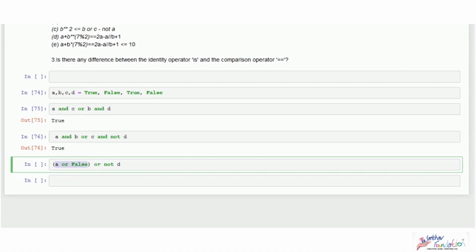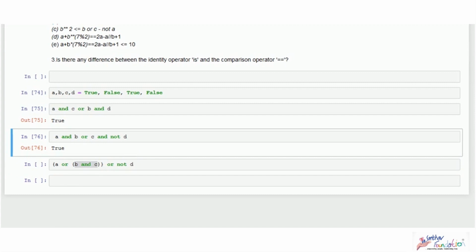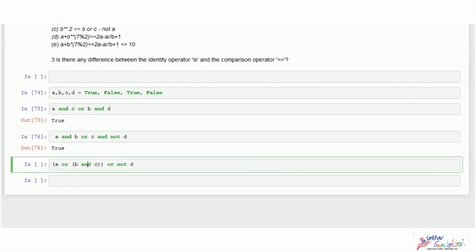and when we have multiple brackets, the innermost gets executed first, and after that it goes from inside out. So first the innermost expression was this, which we have reduced to false, and now we have A or false.